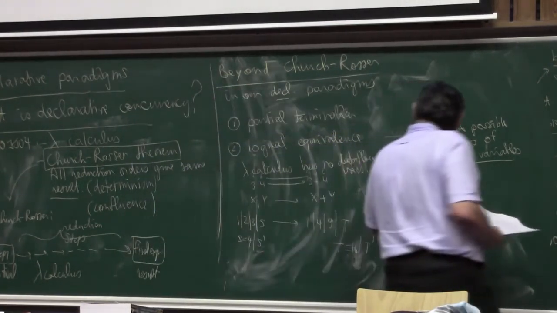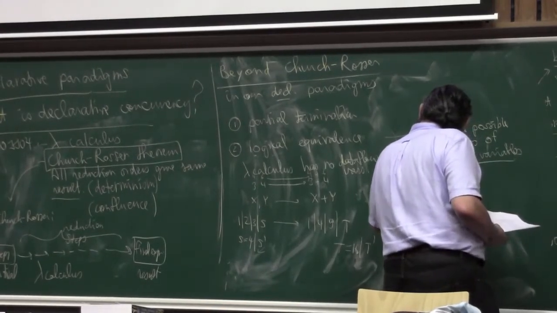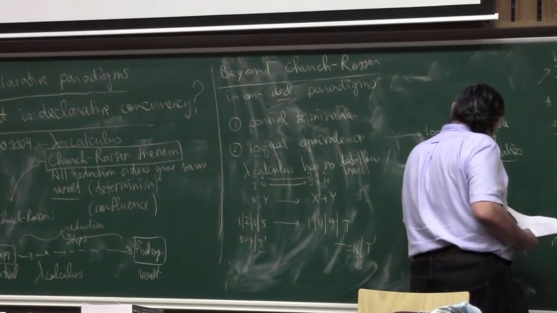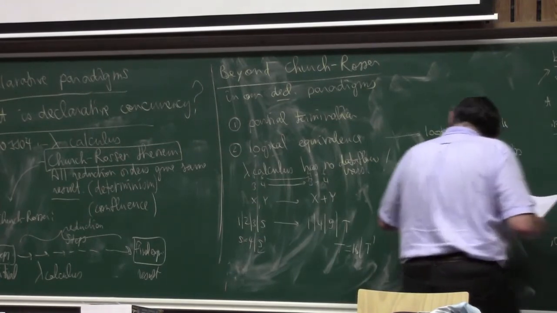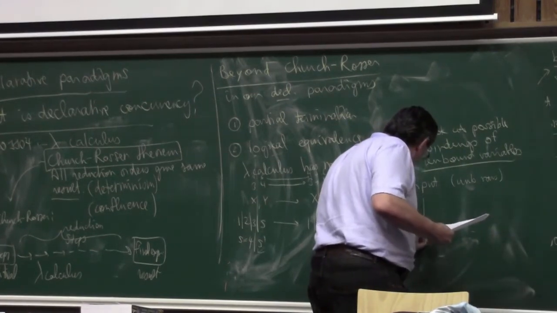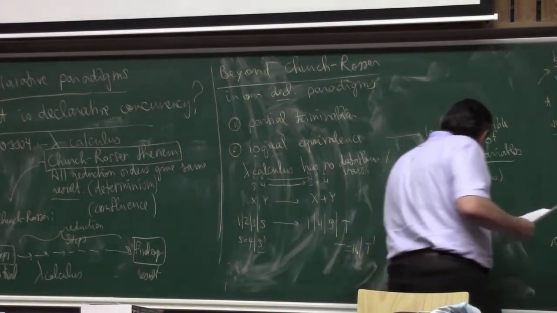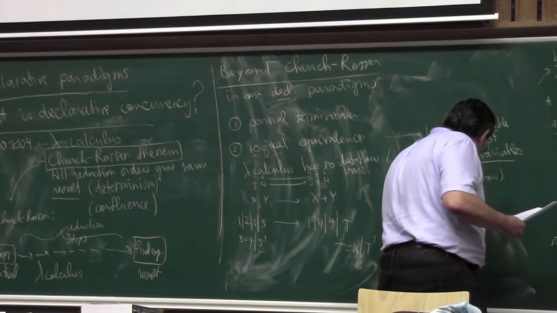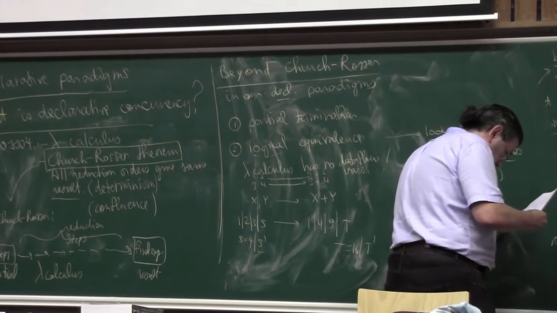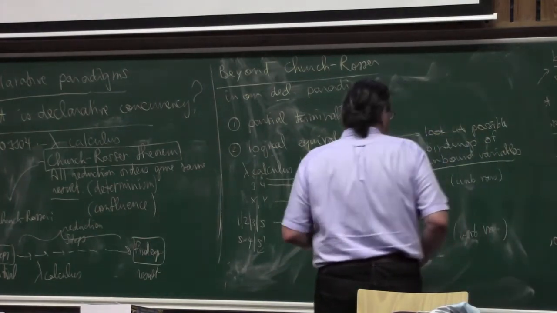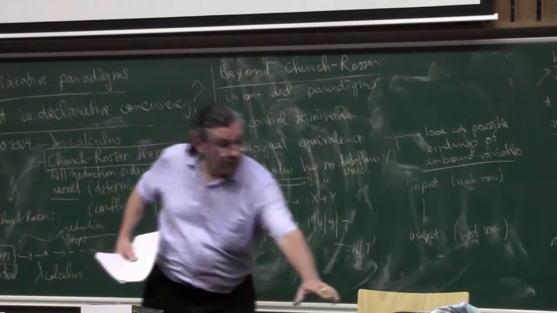So we have the input with unbound variables. Okay? And the output also has unbound variables. Okay? So let me make a group here.